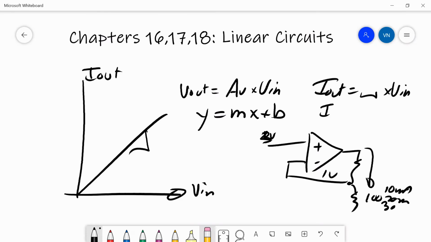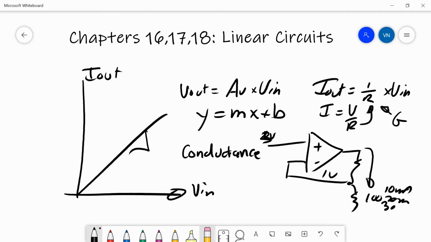Well, we know that I equals V over R, so this something must be 1 over R. That's what we're multiplying V in by to get current. And that is a conductance. 1 over R is G, and that is a conductance. So this graph is a conductance graph.